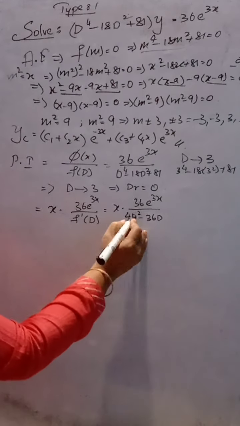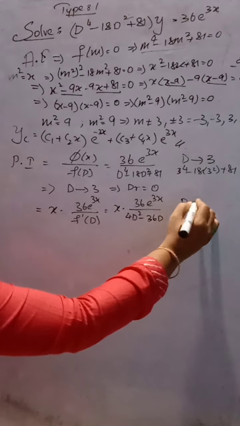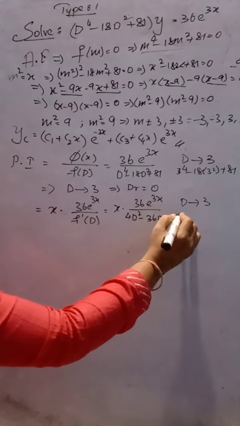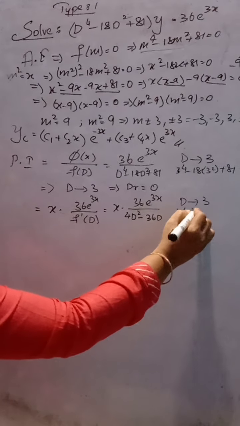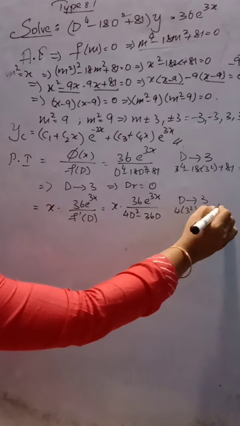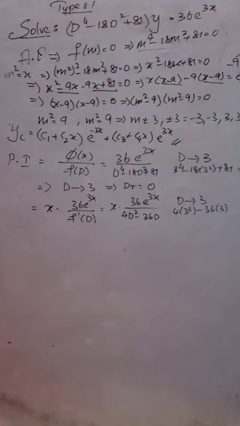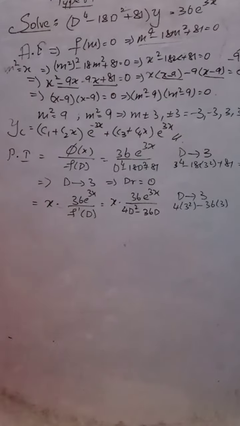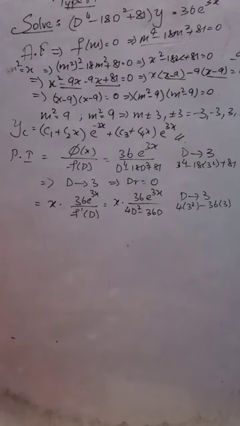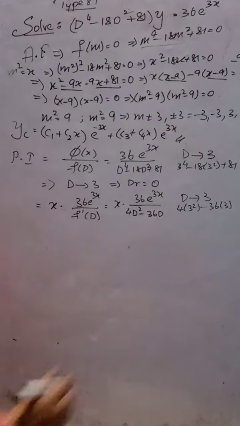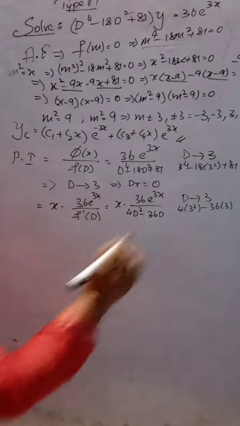Now let us again substitute d by 3. How much are you going to get? 4 into 3 cube minus 36 into 3. Nine fours are 36, so here you are going to get a nonzero value, not 0.